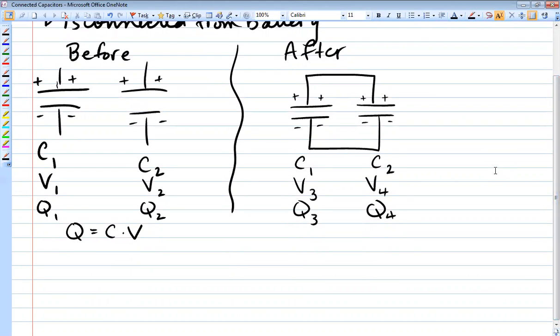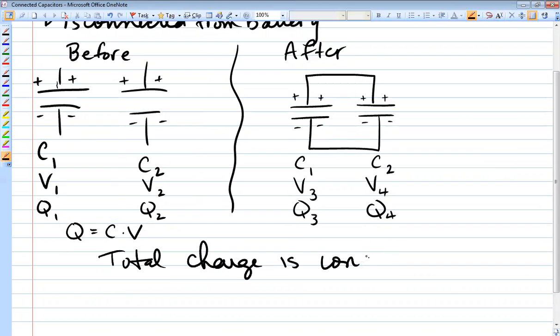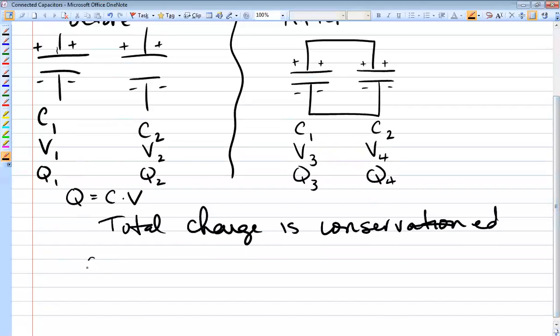If they are not connected to a battery, then total charge is conserved. There's nowhere for the charge to go. There is no source or sink for that charge. It has to just redistribute. So we know that Q1 plus Q2 will equal Q3 plus Q4. That's a statement of charge being conserved.